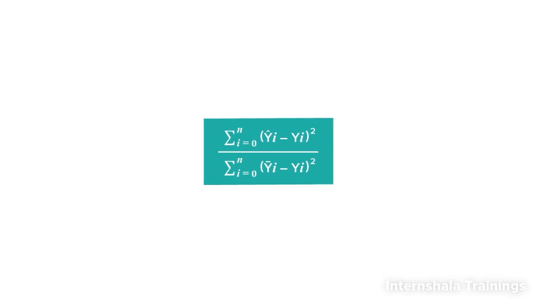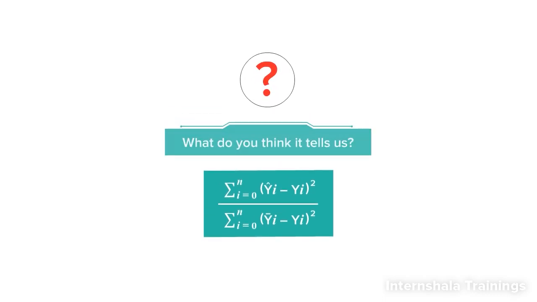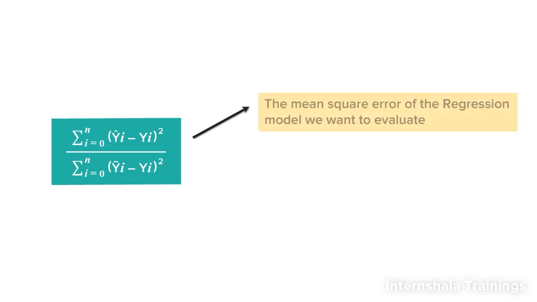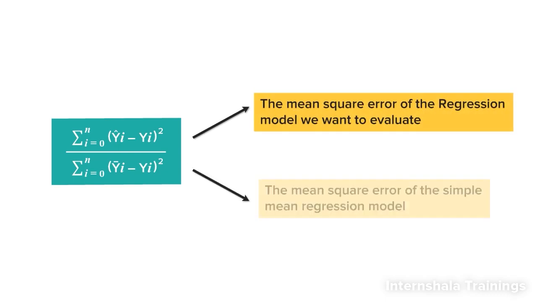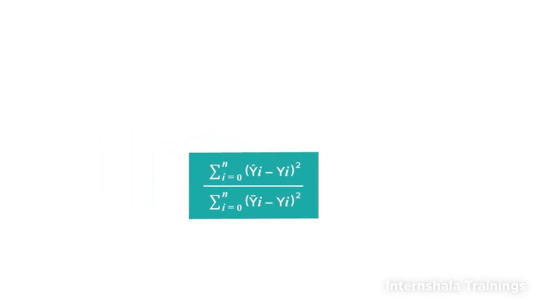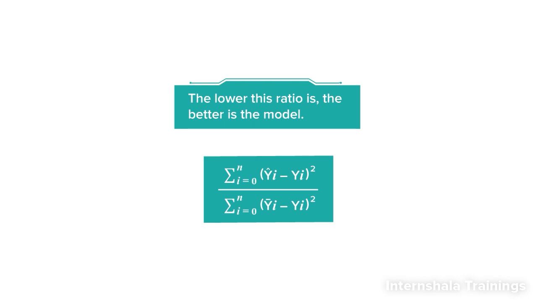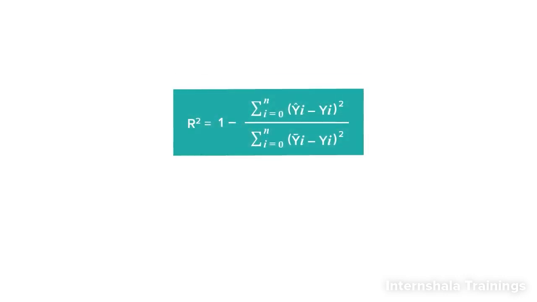Now, if we focus only on the ratio part, what do you think it will tell us? It is the ratio of the mean square error of the regression model we want to evaluate over the mean square error of the simple mean regression model. The value of this ratio is expected to be as low as possible for a good regression model. If we subtract this value from 1, we obtain the R-square value.